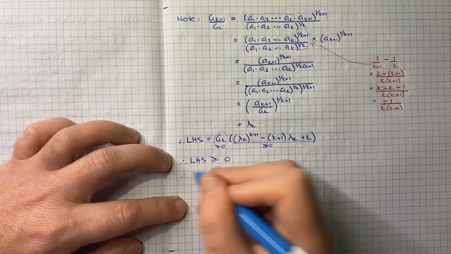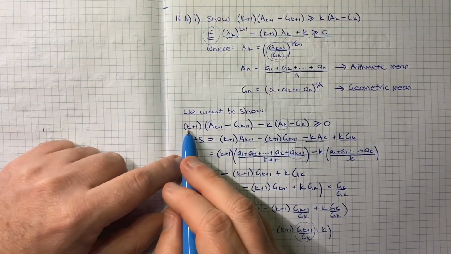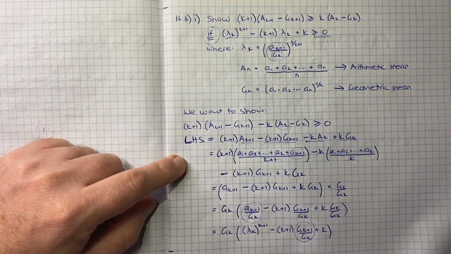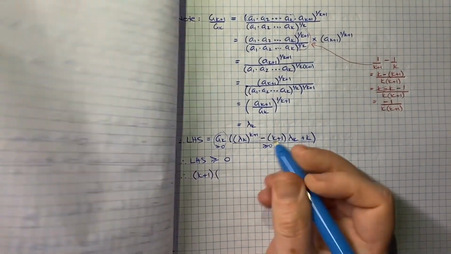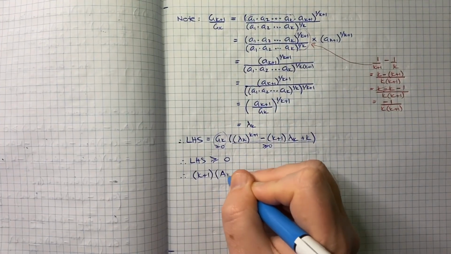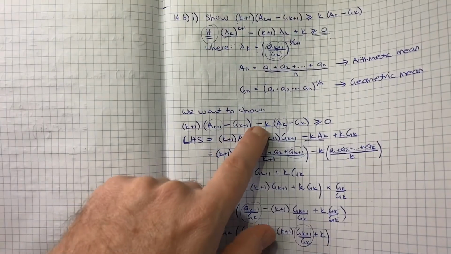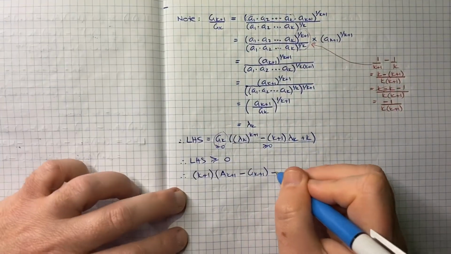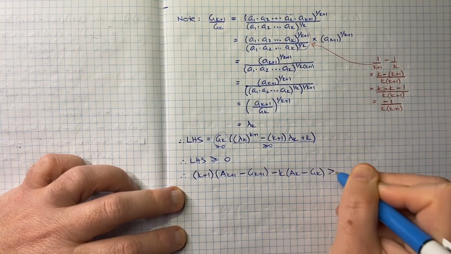So therefore we can say our left-hand side, which we started out with, was (k+1)(a(k+1) minus g(k+1)) minus k(ak minus gk). That's all greater than or equal to 0.